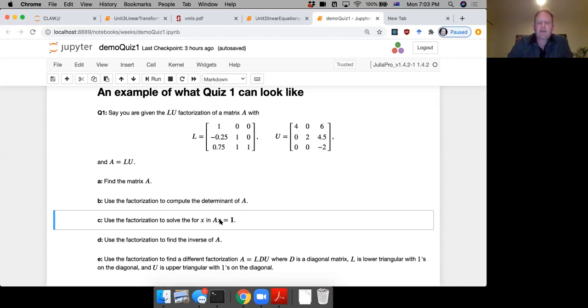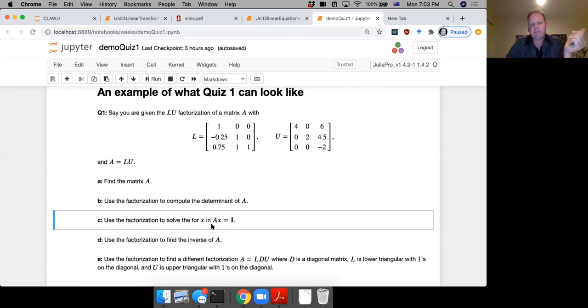So now you use the factorization. This is a bit of work, but not so much, because you'll have L and U, so you'll first solve, just like we did, L y equals 1, so you'll solve for y, and then you'll solve the other one, just like we did.